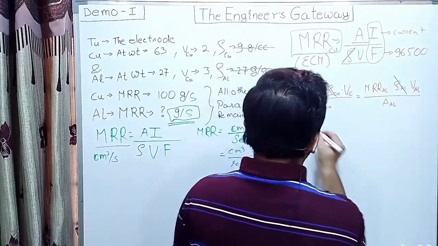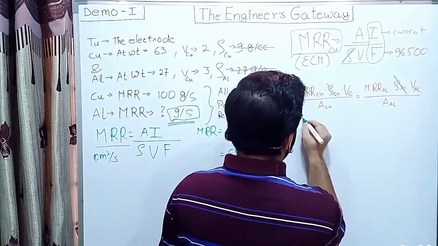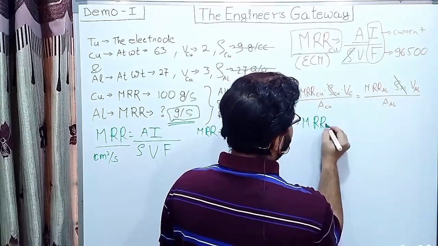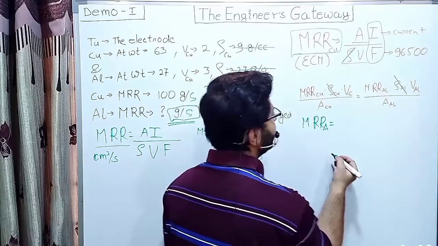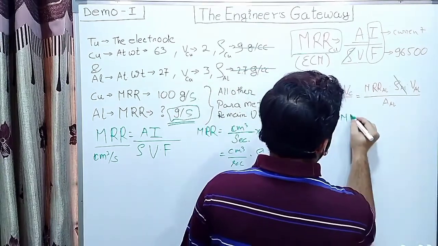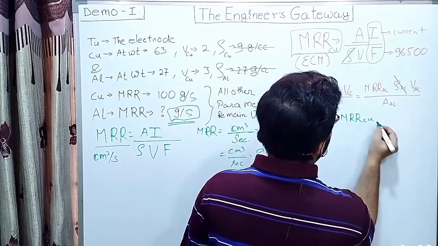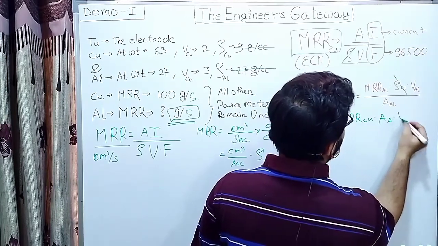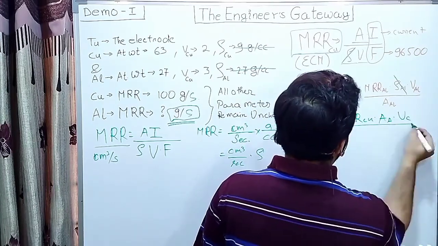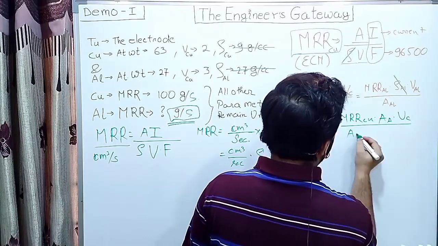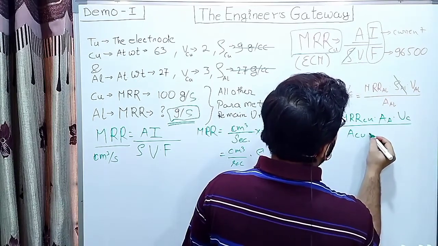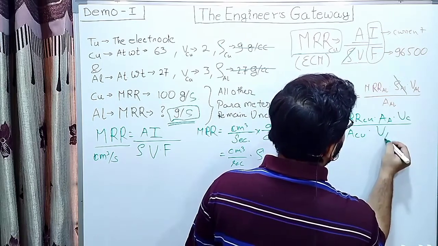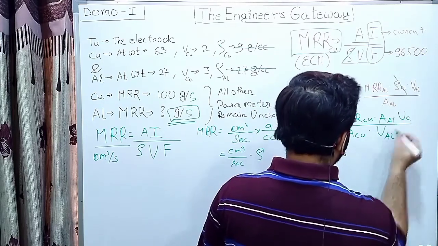Now when we solve it, MRR aluminium will be nothing but MRR copper into atomic weight aluminium into valency copper upon atomic weight copper into valency aluminium.